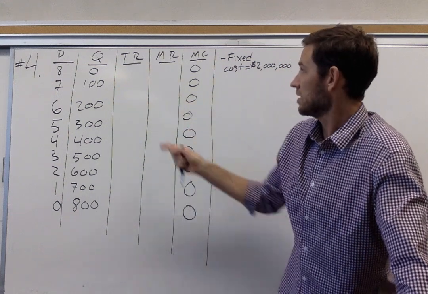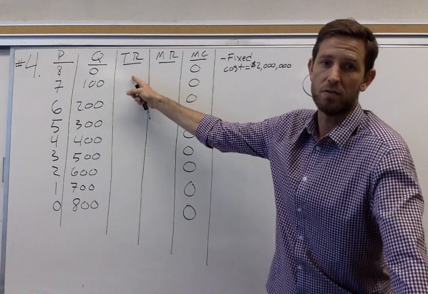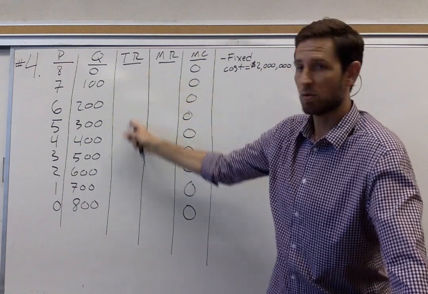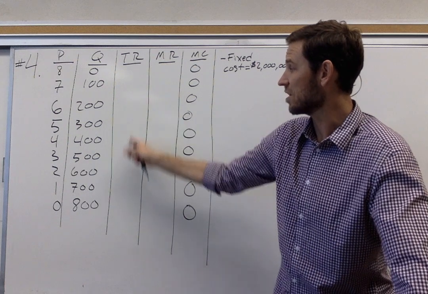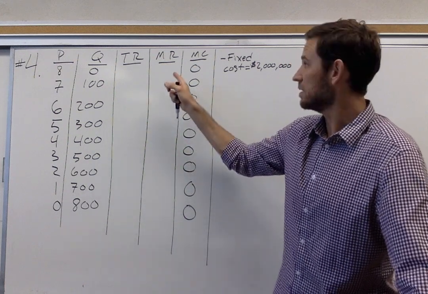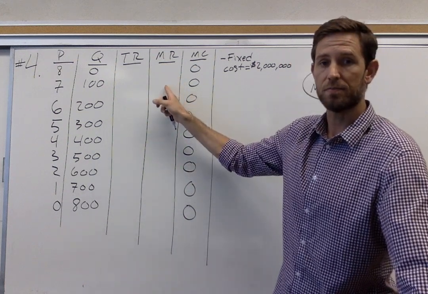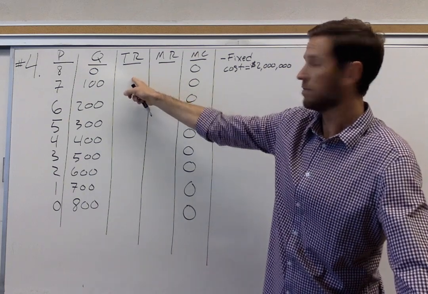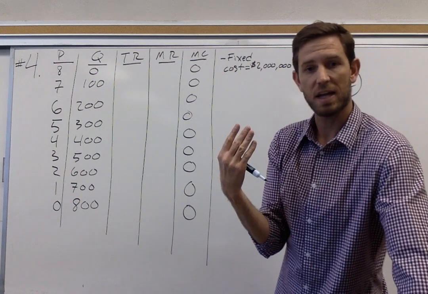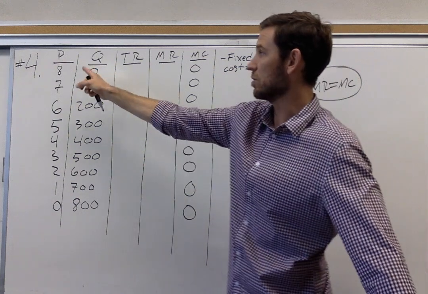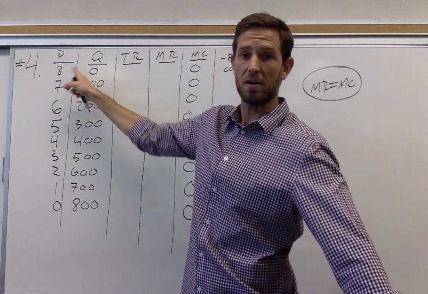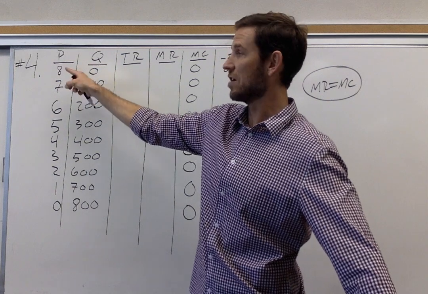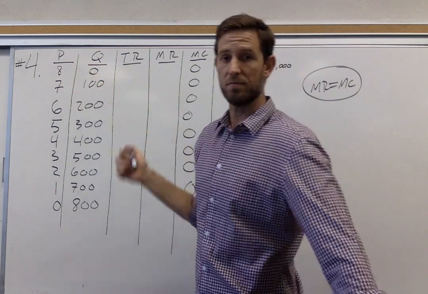So let's first figure out the total revenue for all these different possible quantities, and then from the numbers in this column, we'll be able to infer the marginal revenue. Total revenue for our company is the money they're receiving without saying anything about cost. You find that by simply multiplying the price by the quantity. So we're just going to multiply across these columns to get total revenue.